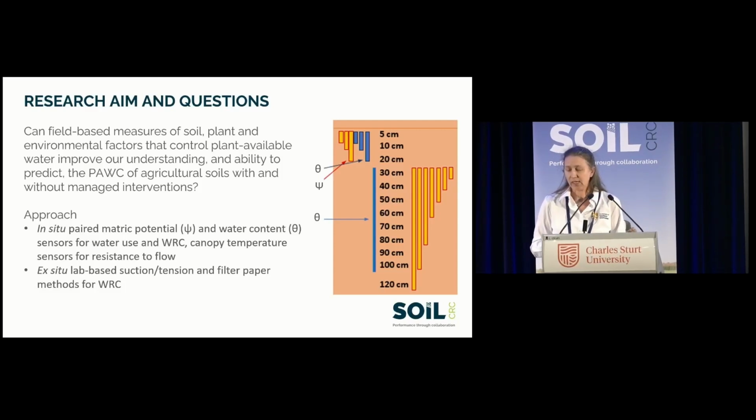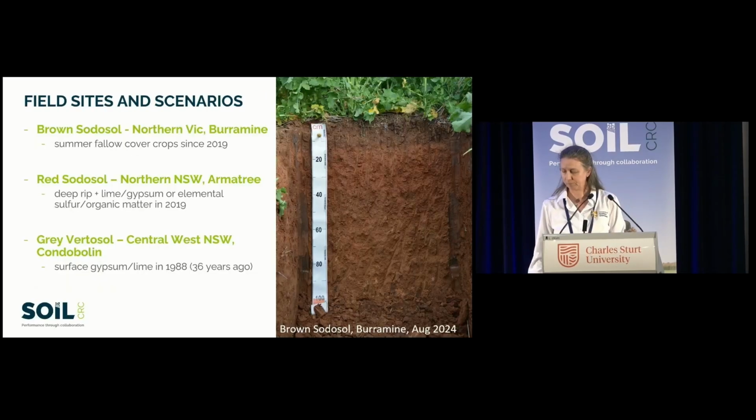What we're using is paired soil water content sensors and matrix potential sensors in the field. So putting them in the field so we can have the plant in the system at the same time, and look at the changes over time, not just a static soil sample from one point in time from one smaller space.